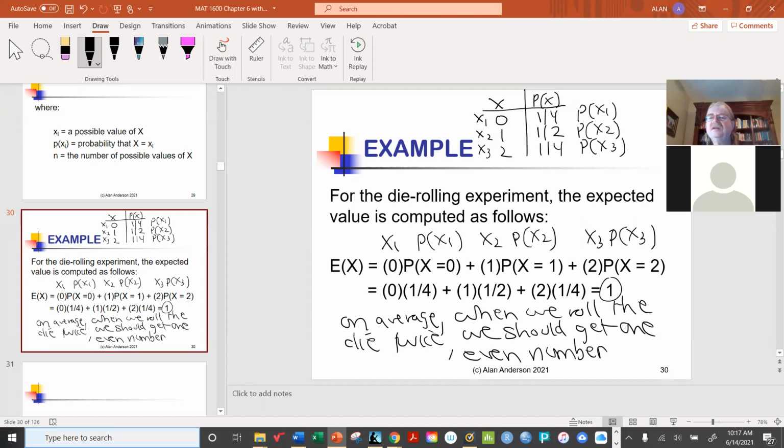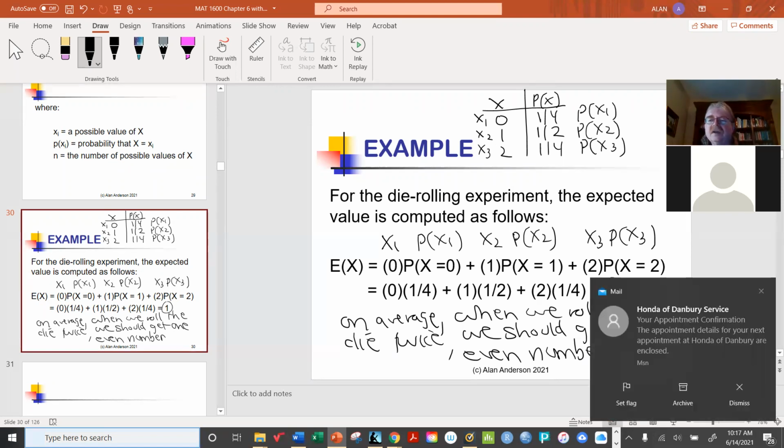Intuitively, that should make sense because if you roll the die twice, on average, you should get 1 even, given that an even and an odd are equally likely to take place. So this should conform with your intuition. All right, and hopefully you can follow along those calculations and do it yourself. If I gave you any probability distribution, you should not have any trouble at all calculating the expected value.